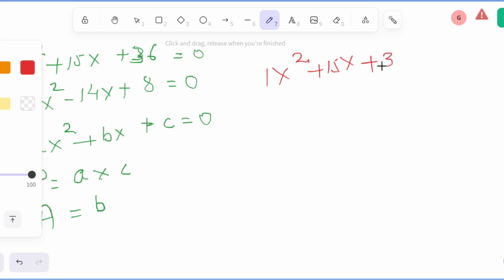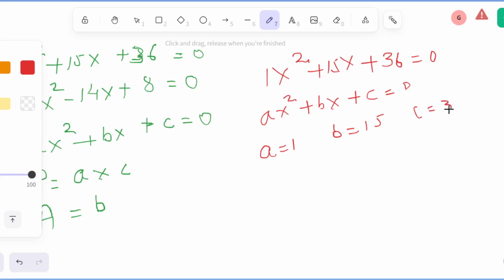Is that okay, Nathan? All right. So before writing all these things, let's compare it with the standard quadratic equation, ax square plus bx plus c equal to 0. What is your a here? 1, your b is 15, and c is 36.